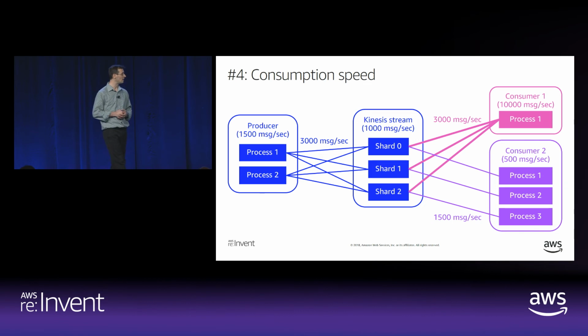In the example on the slide, you have a 3-shard stream. Each shard is receiving 1,000 messages per second, but consumer number 2 can only consume 500 messages per second. Because the stream has 3 shards, the consumer is bounded by having 3 consumer processes.